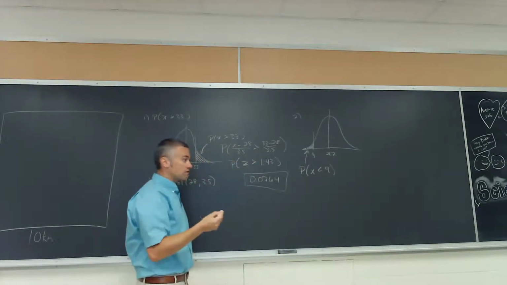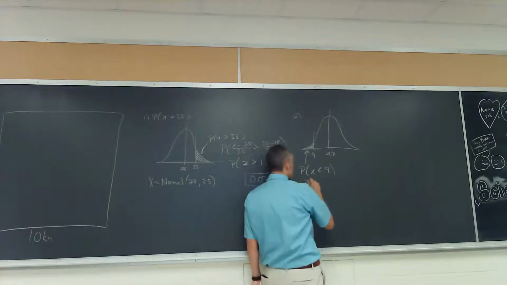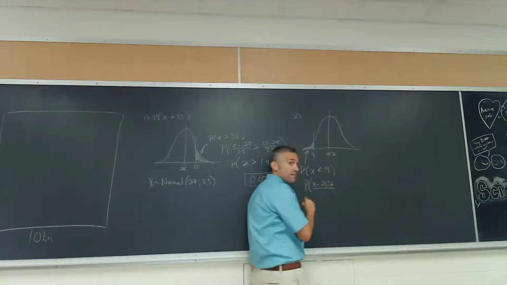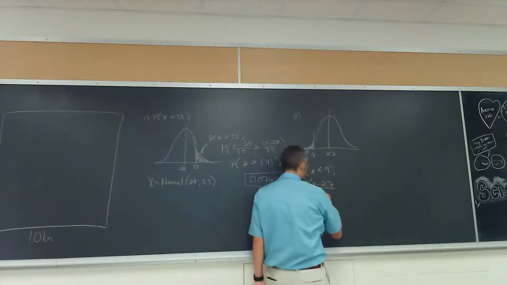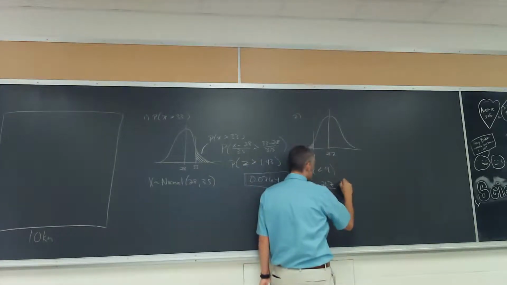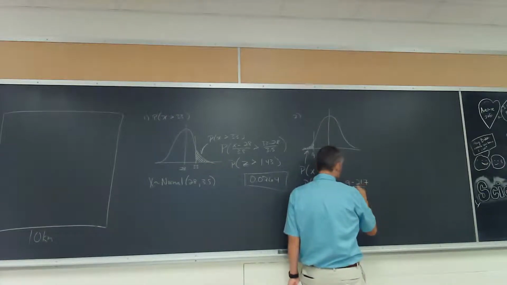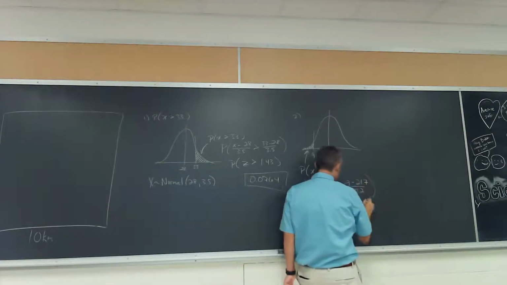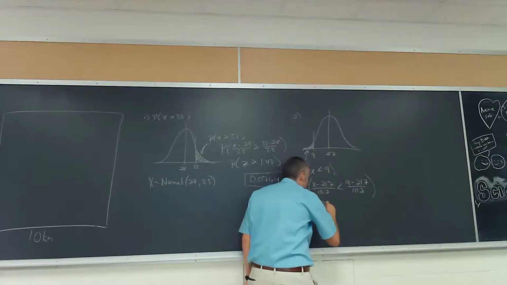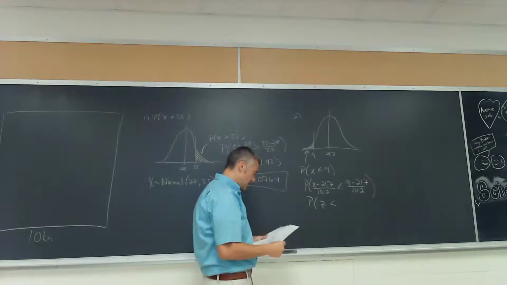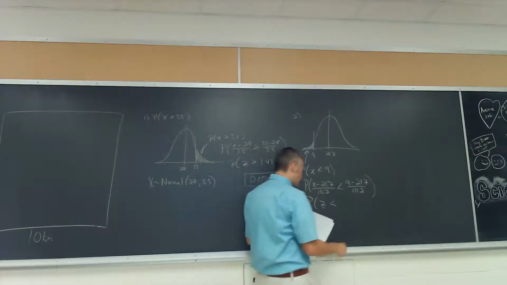Right? In order to use the table, we have to subtract our mean and divide by the standard deviation. So now what we have is a z, that gives us our z, and I have negative 1.25.